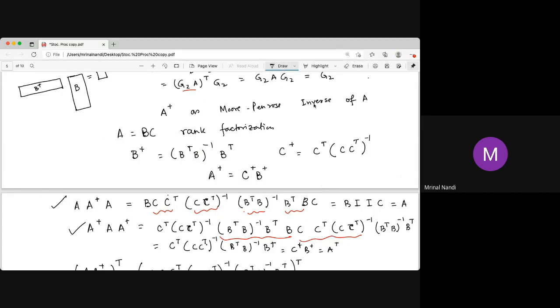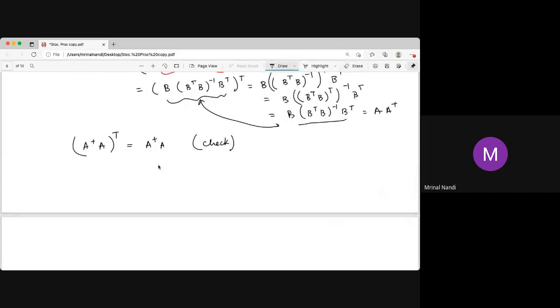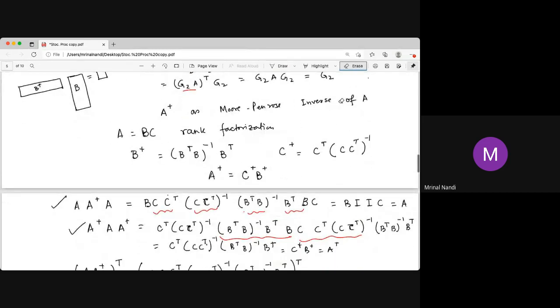B plus is (B transpose B) whole inverse B transpose.